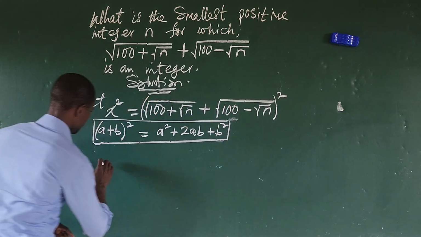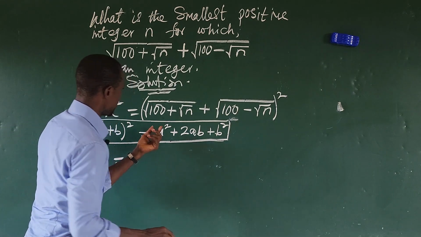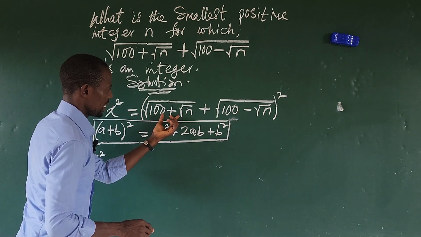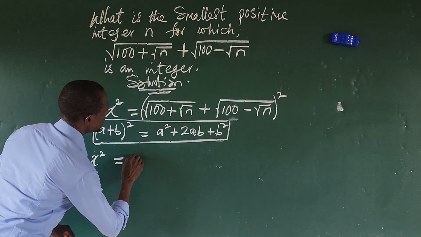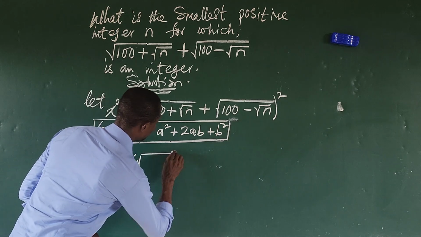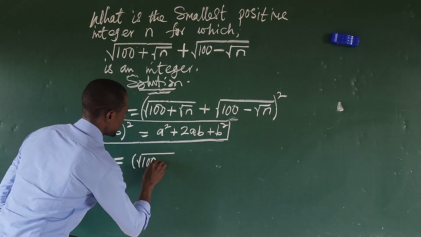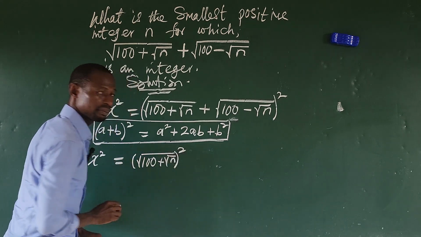So x squared will now be equal to, what is our a? It's going to give us the bracket, the square root of 100 plus the square root of n, all to the power of 2.